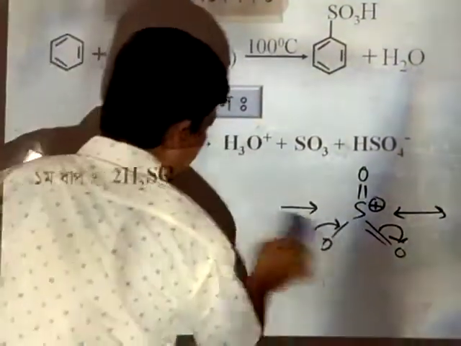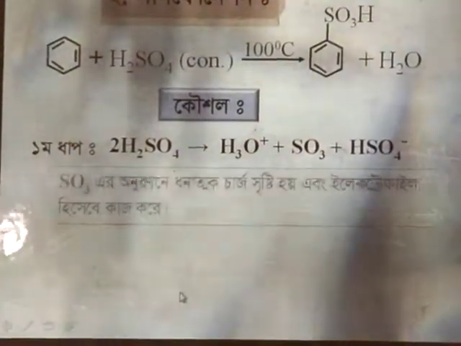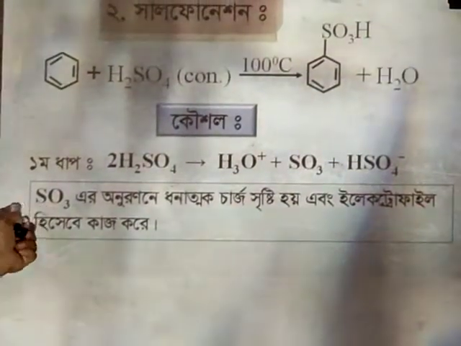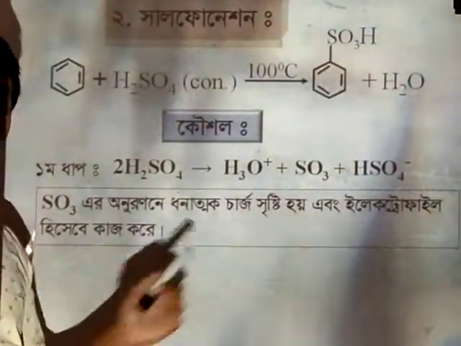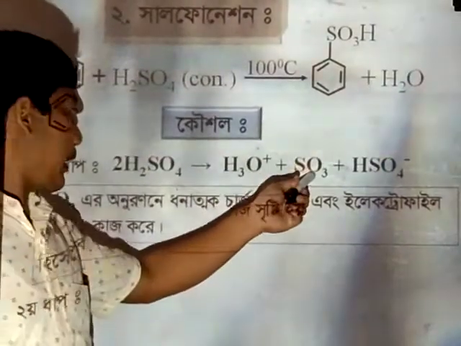So dear student, we can say that as a result of the resonance structure of sulfur trioxide, it creates a positive charge on the sulfur atom and reacts as electrophile. In the second step, this electrophile is attracted to benzene.